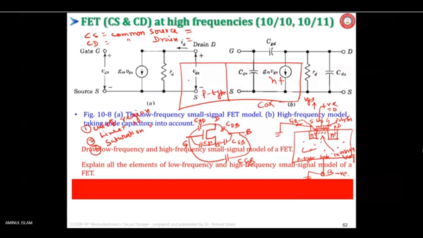Grounded means negative terminal of the battery. And this is the positive terminal of the battery, because here you have connected a positive voltage. Then only I was telling that yes, current will flow in this direction, electrons from source to drain in this direction.